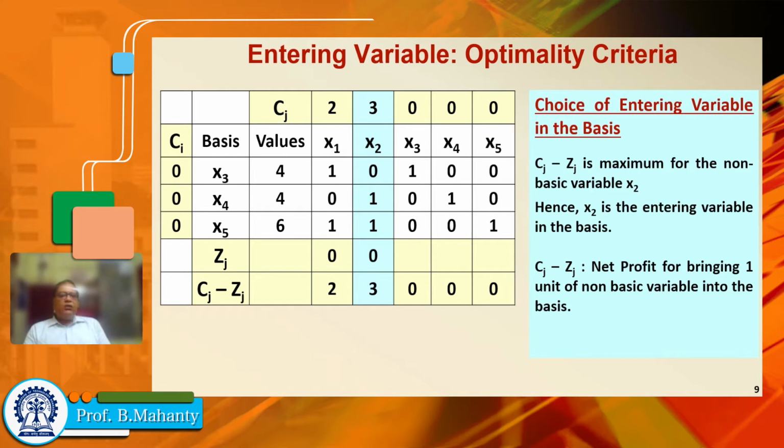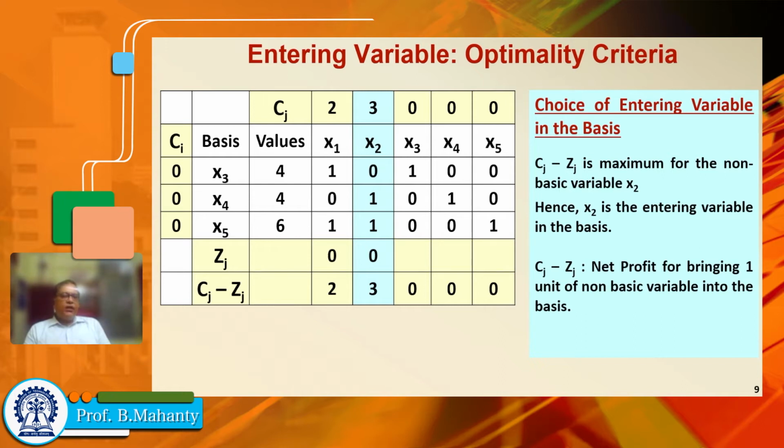To make 1 unit of x2, we need 0 unit of x3, 1 unit of x4 and 1 unit of x5. Now we have 4 units of x3, 4 units of x4 and 6 units of x5. Suppose we make 6. What is going to happen? 6 into 0, we need 0 quantity of x3. How many are available? 4. So it is not a constraint.